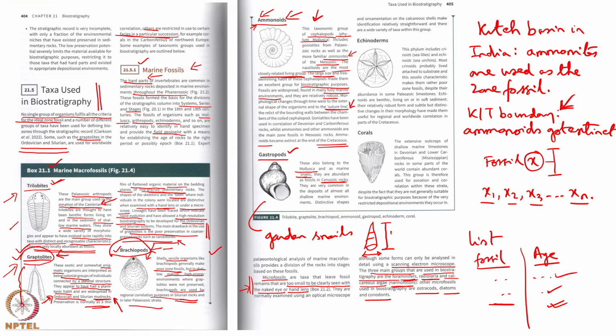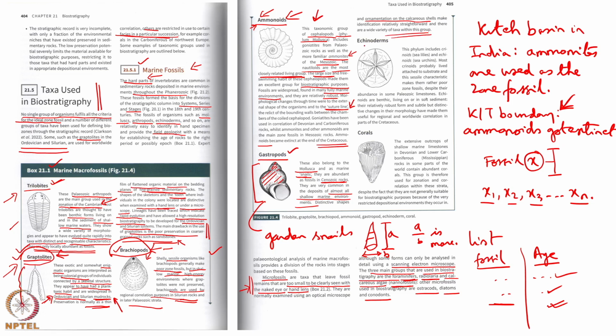If this is parameter A and here is parameter B, then A divided by B is more than the figure shown here. The gastropods are found in almost all shallow marine environments. The ornaments developed on the calcareous shells become very important to distinguish the different taxa within this group.